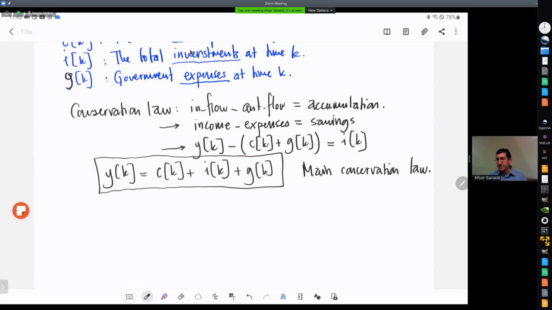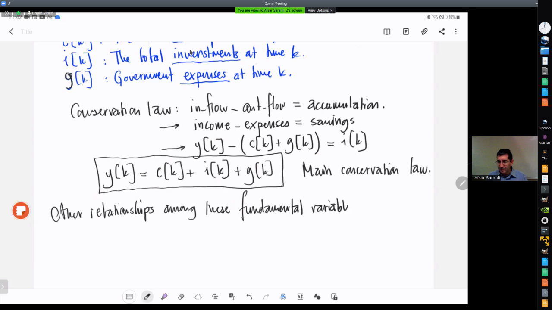This conservation law is fairly established, but other relationships among these fundamental variables are open to debate, obviously in the field of economics.